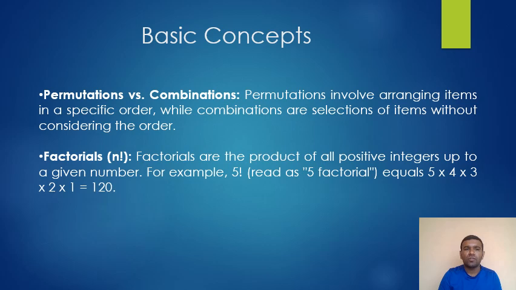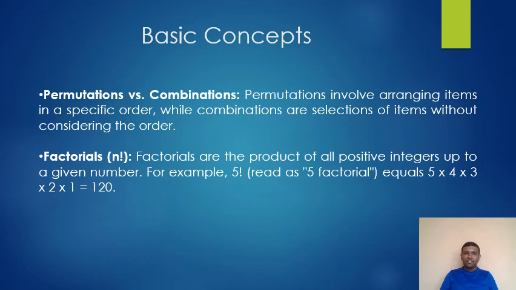Next, let us look at a few basic concepts of permutation. First, let us see the difference between permutations and combinations. Permutations involve arranging items in a specific order, while combinations are selection of items without considering the order.